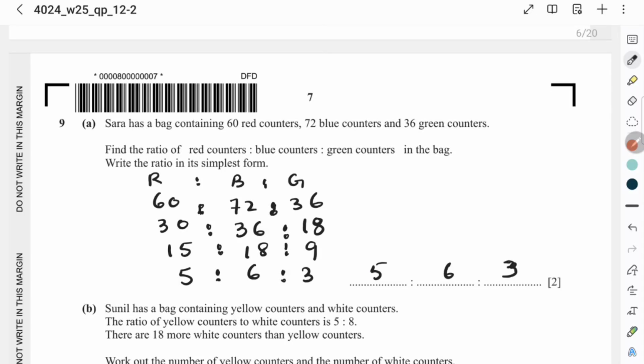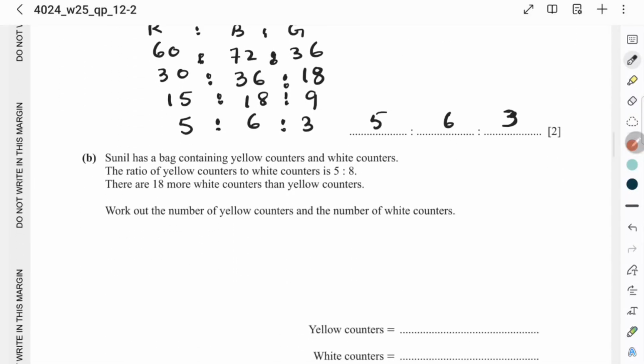Now go to the next part. Sunil has a bag containing yellow counters and white counters. The ratio of the yellow counters to the white counters is 5 is to 8, given in the question.